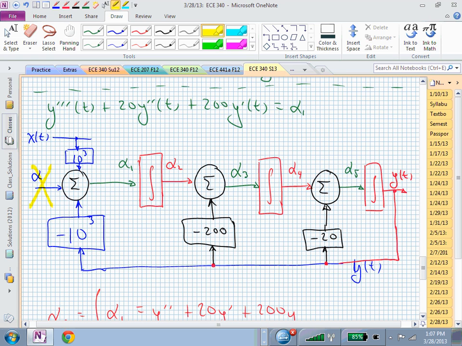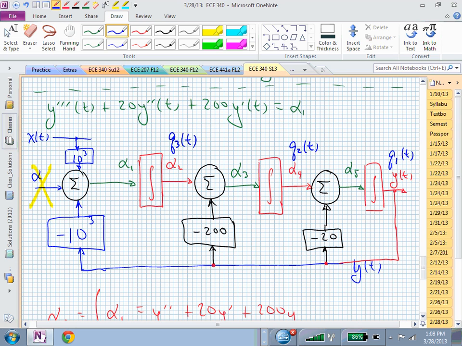And just to be consistent with what I have done in my notes, let me call this output Q sub 1. So now Y is Q sub 1. Let me call this one Q sub 2. And this one, let me call Q sub 3.